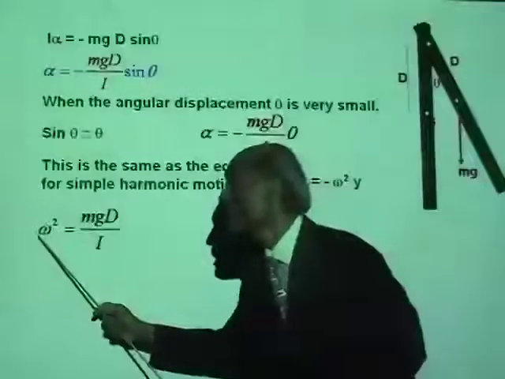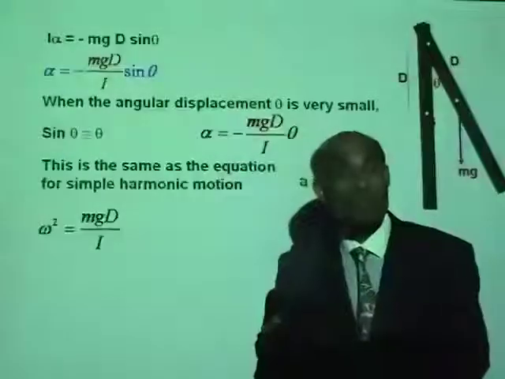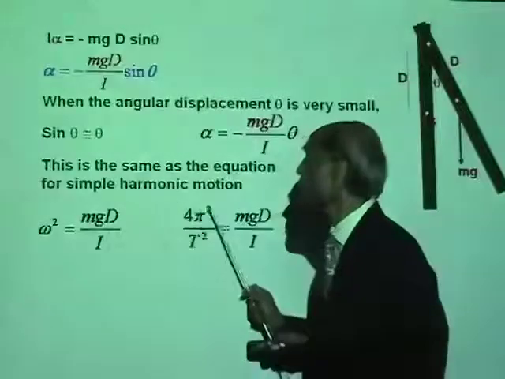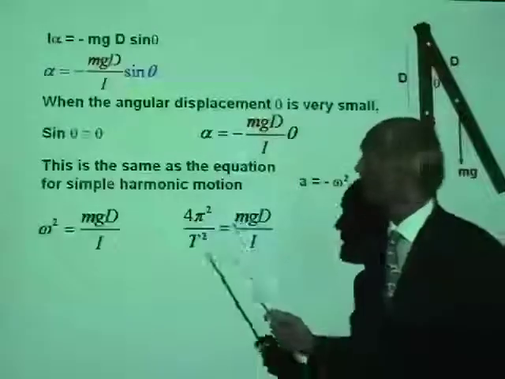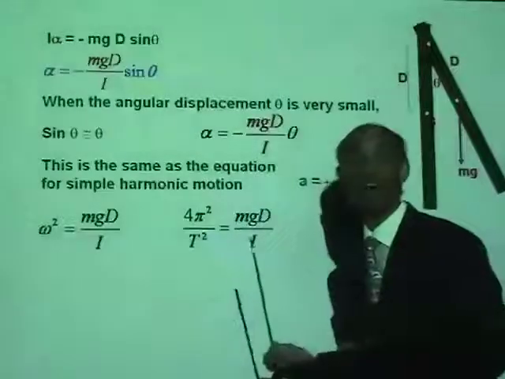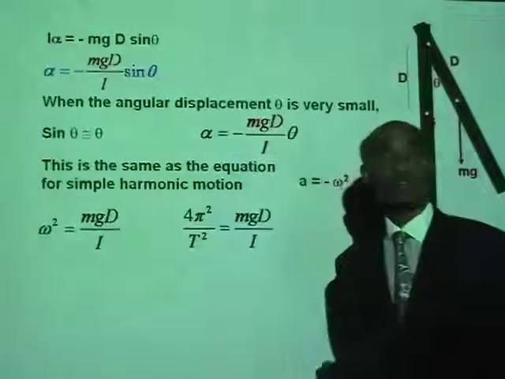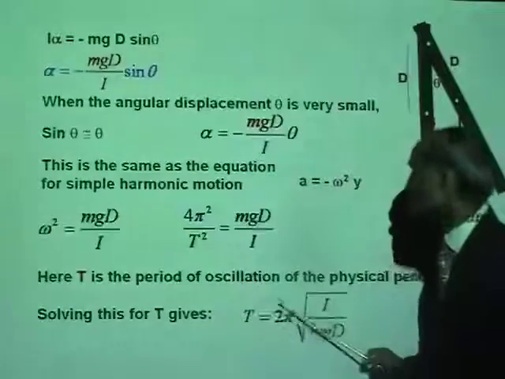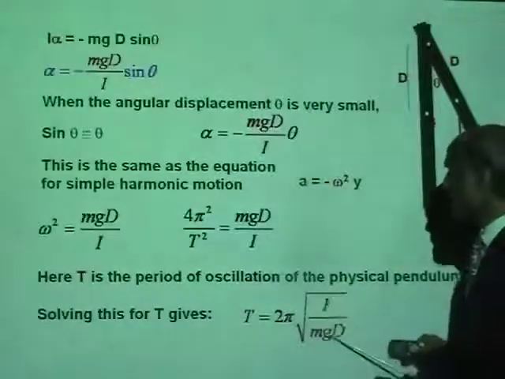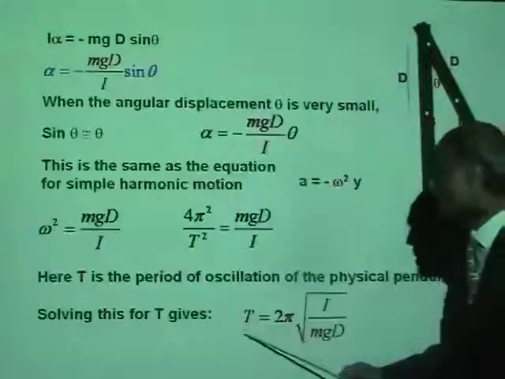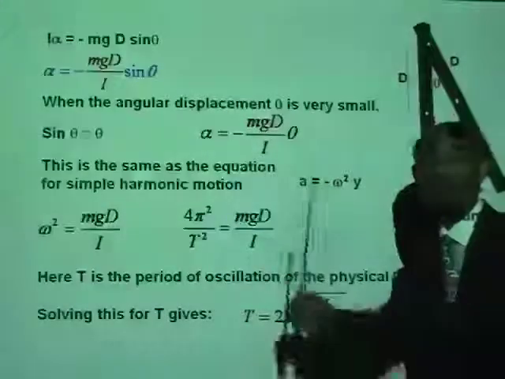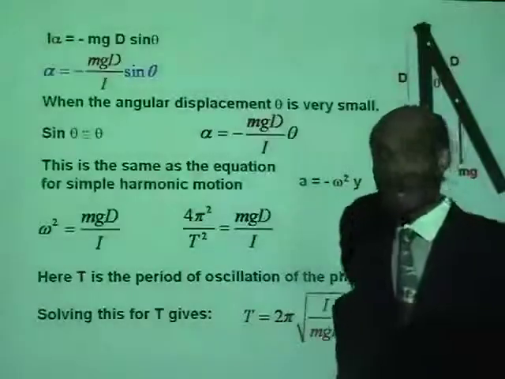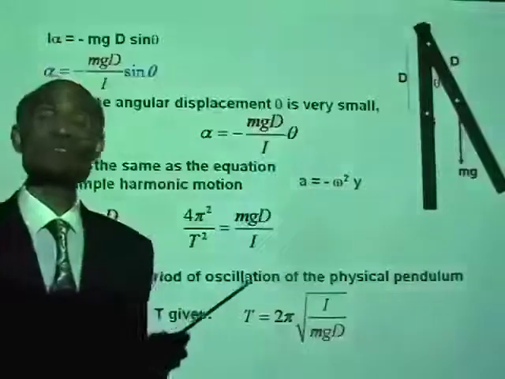Now you know omega. Omega is 2 pi over T, and omega squared is 4 pi squared over T squared equals mgd over I. Solving for T, I get T equals 2 pi square root of I over mgd. And this is the equation for the oscillation of a physical pendulum. We have now three important equations we developed.